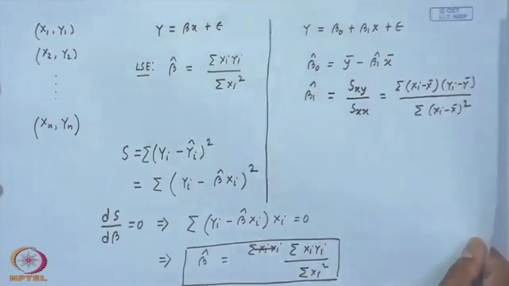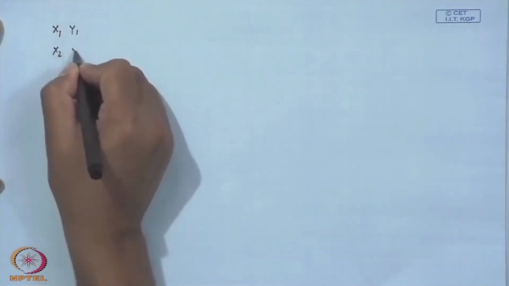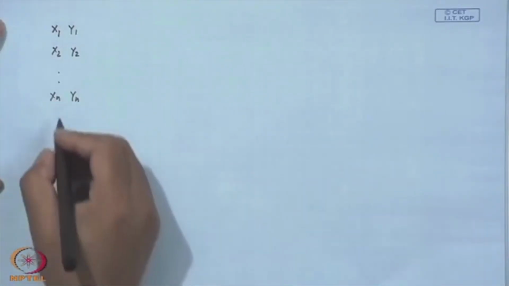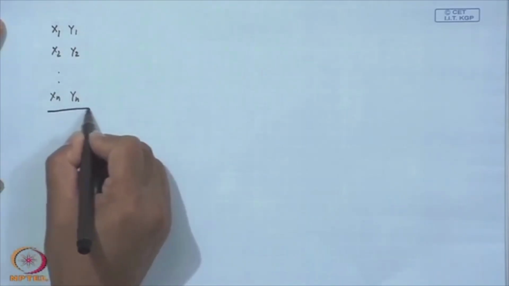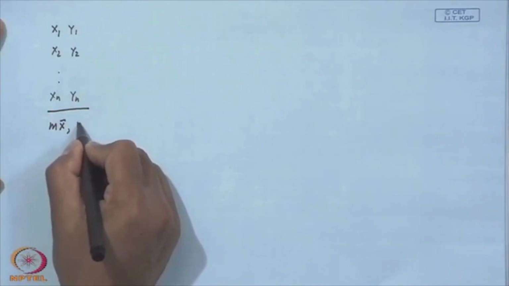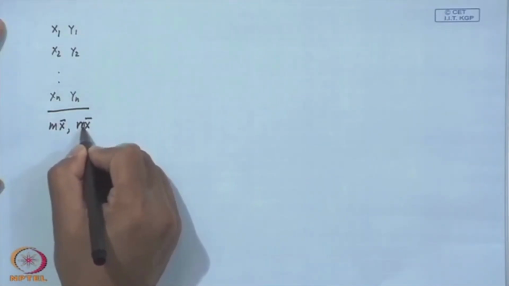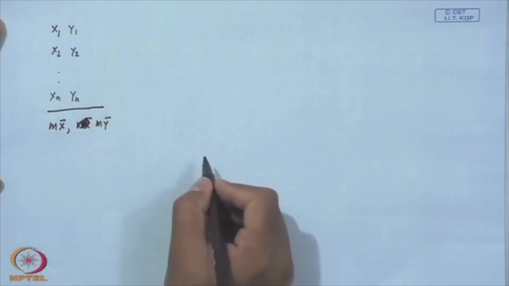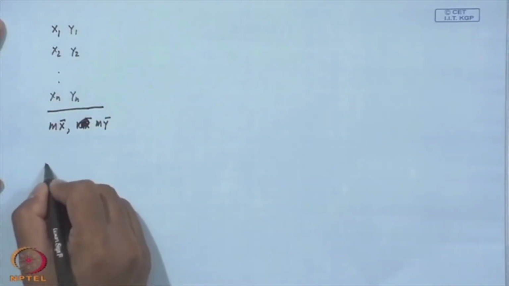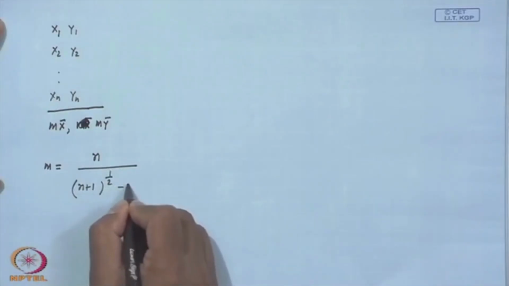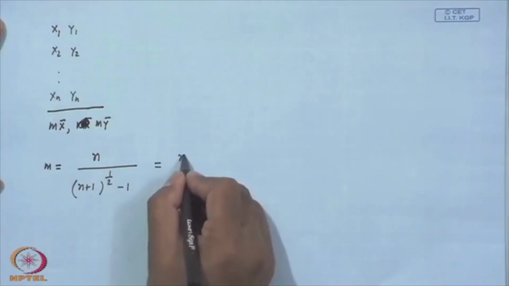So at this moment we have the data x 1, y 1, x 2, y 2 and x n, y n, and if we add one more data point, say the n plus 1th data point, that is (m x bar, m y bar), where m is equal to square root of n plus 1 by n, minus 1, and this is equal to say n by a.